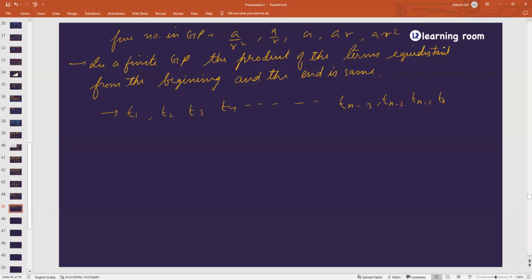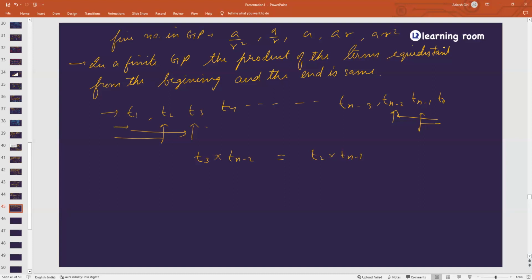Okay. So what it says is that if we take a number, let us say the third number from the beginning and the third number from the end, and we multiply that, T3 into Tn minus 2. And if we take the second number from the beginning and the second number from the end, T2 into Tn minus 1, both will be the same.